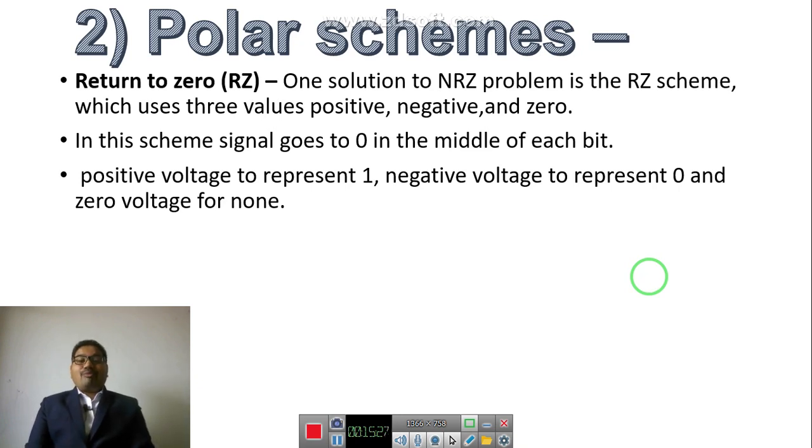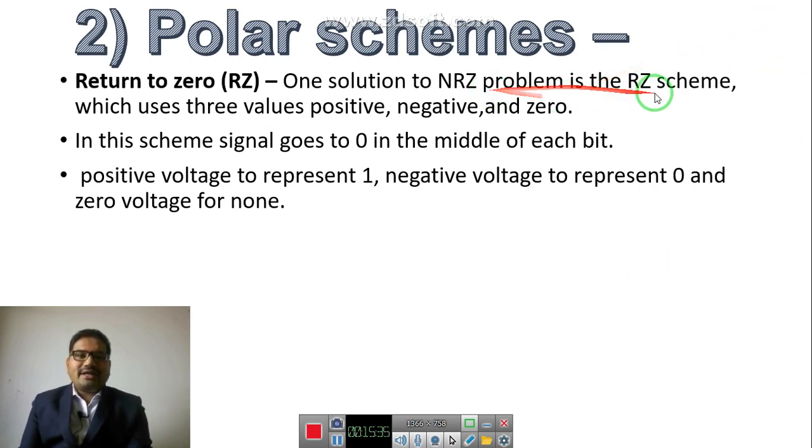The next type of polar scheme is return to 0, that is RZ. One solution to the NRZ problem is the RZ scheme, which uses three values: positive, negative and 0.